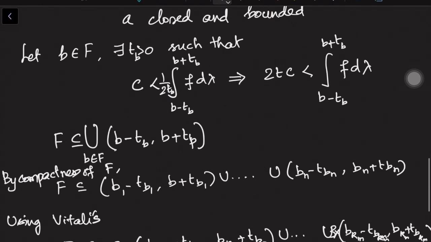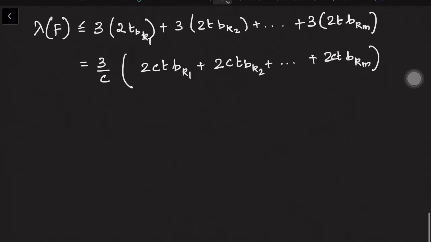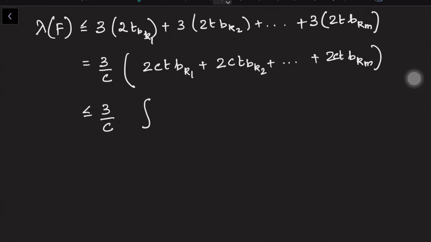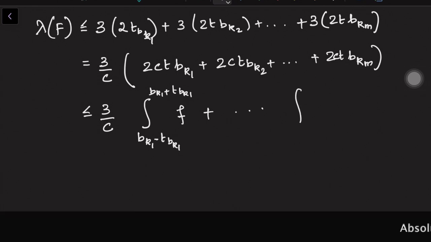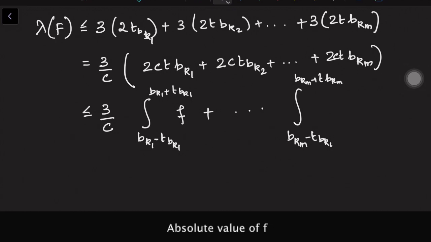This is true for every B and corresponding t_B that you get, and hence this is less than or equal to 3 by c times the integral over the interval B_k1 minus t_Bk1 to B_k1 plus t_Bk1 of |f|, and the same thing with the last term, B_km minus t_Bkm to B_km plus t_Bkm.